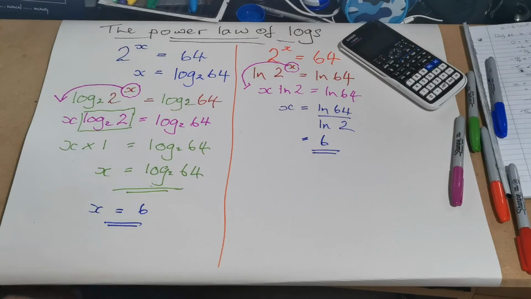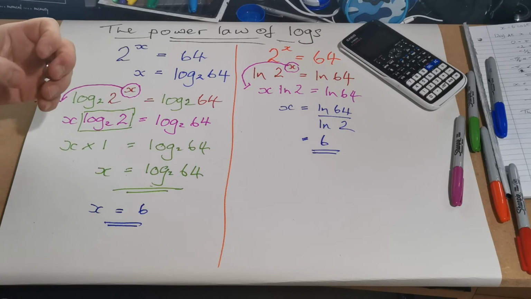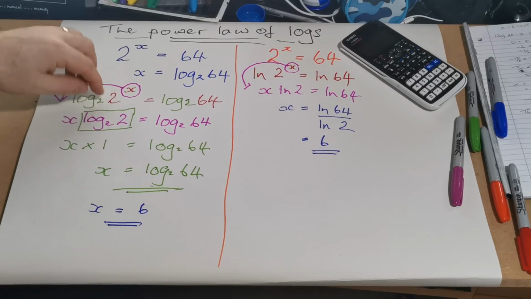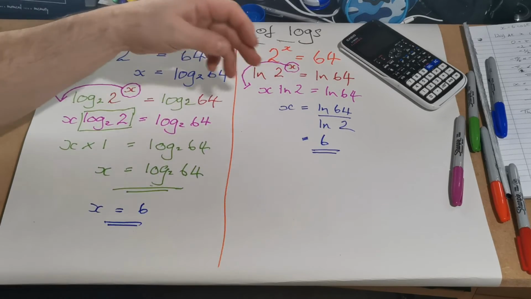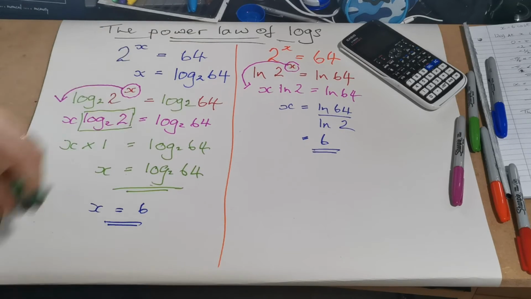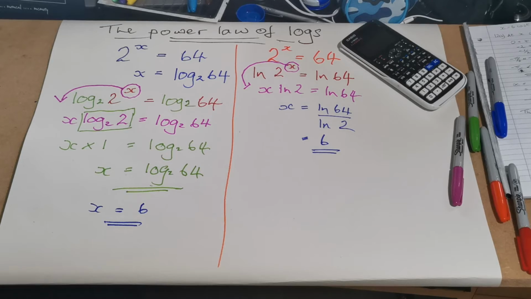So this is a rule that starts to break away from us needing to be able to work with a particular power or a particular base. So this is log to the base 2, this is log to the base e, and we can use any base, because the maths behind using logs works the same.